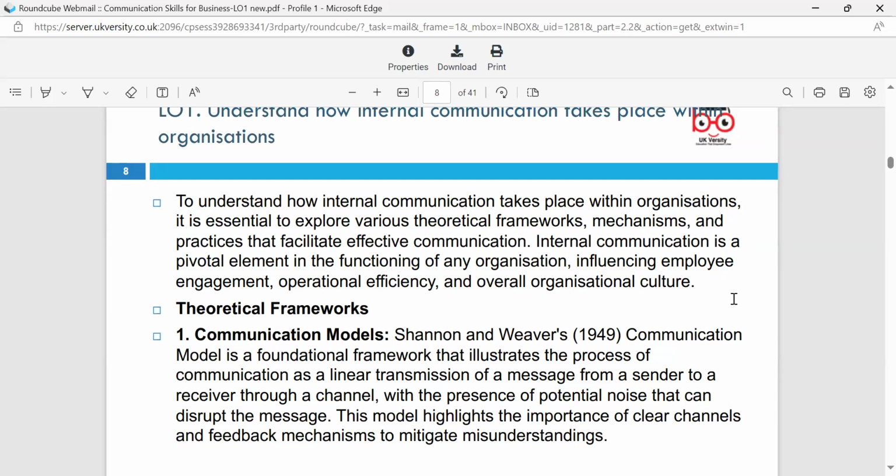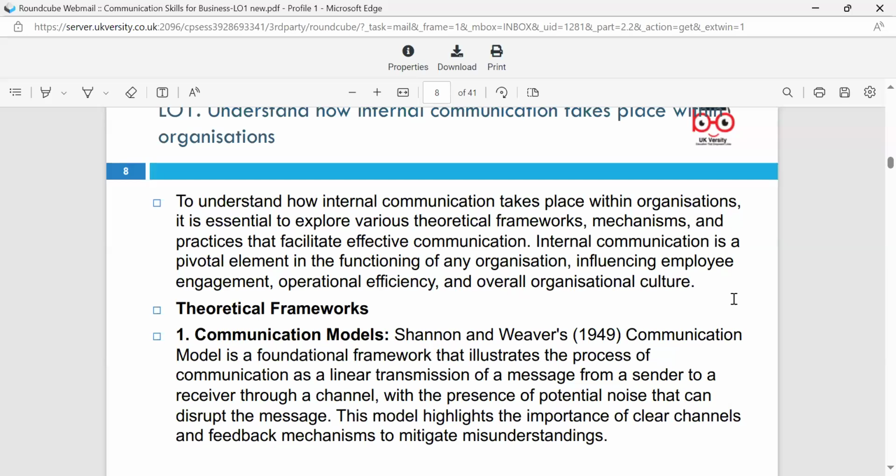Shannon and Weaver believed that by identifying barriers to communication, such as language or technology, you could develop strategies to overcome them. So this was quite a good model that was used by Shannon and Weaver at that time.